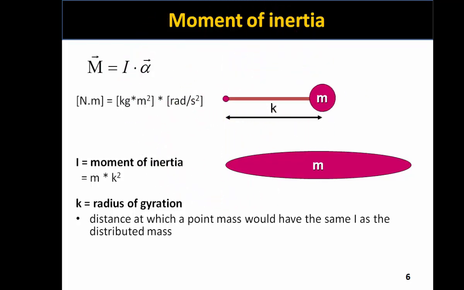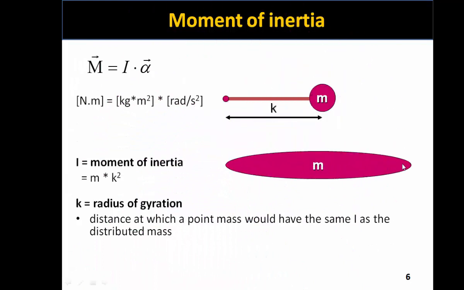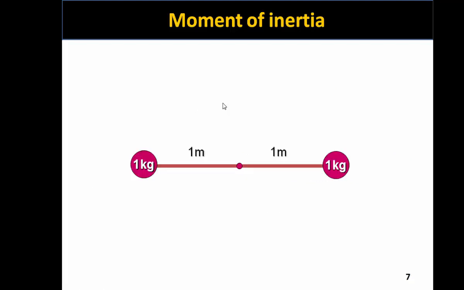In this case, we have this object rotating about this point, and the resistance to rotation would be the same, but we've concentrated the mass at a single, very small point at a particular length from the point of rotation. That's the radius of gyration, which does not coincide with the center of mass.